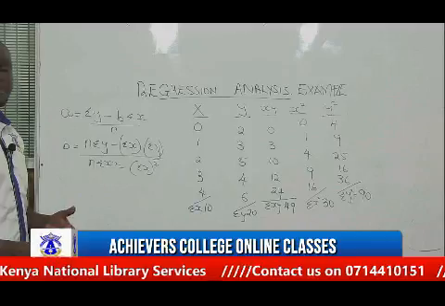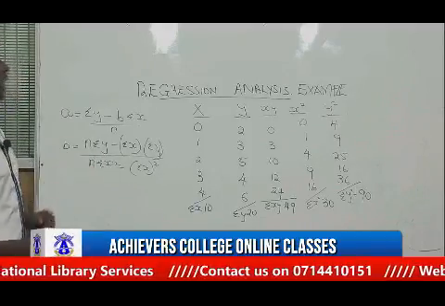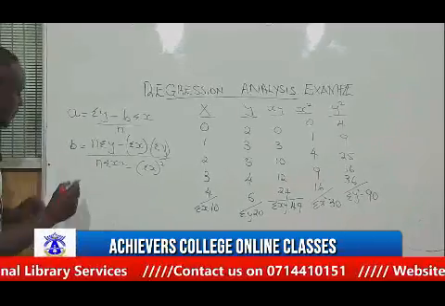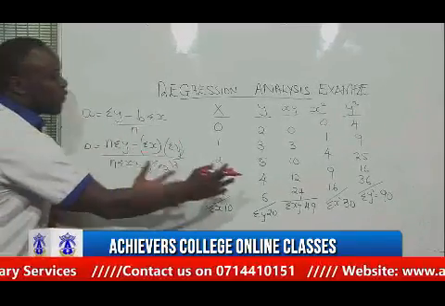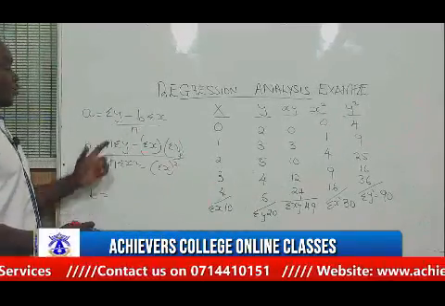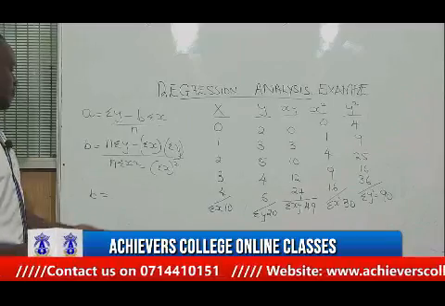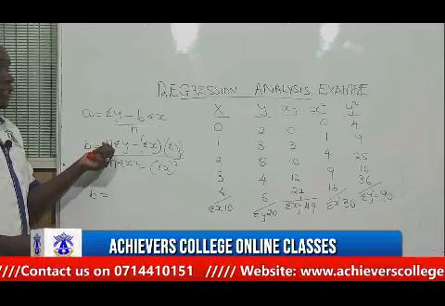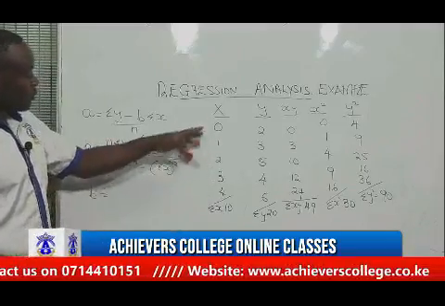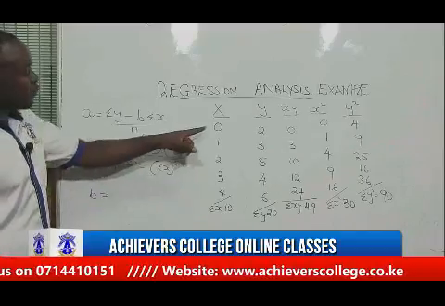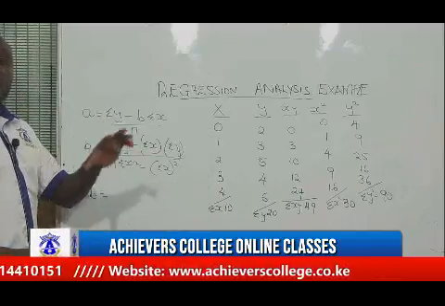So b equals, you substitute what you have calculated. Now n is the number of these values: 1, 2, 3, 4, 5. So n is equal to 5.